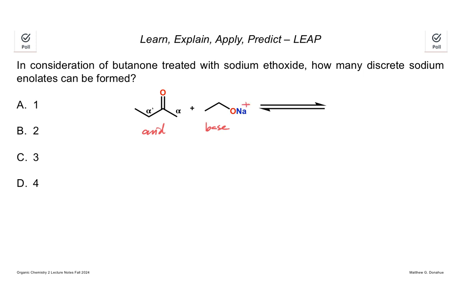So again, sodium's plus, oxygen's minus. So at the alpha carbon, you have 3 hydrogens. You remove one, you still have 2 hydrogens. So you do not get any cis or trans geometry of that double bond.